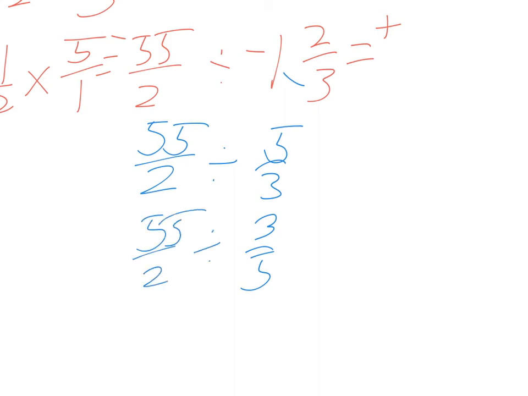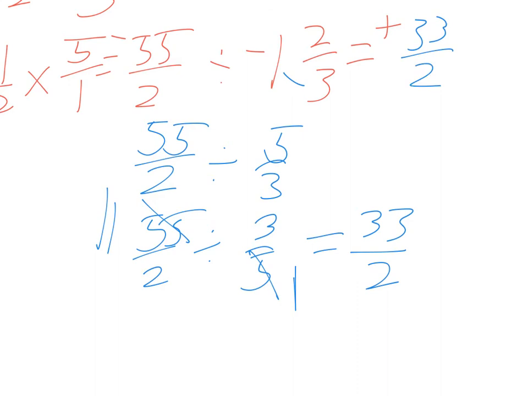I can cross cancel here. 5 goes into 5 once and goes into 55 11 times. 11 times 3 equals 33. 2 times 1 equals 2. So we end up with 33 halves here. And this is going to end up being positive 33 over 2.